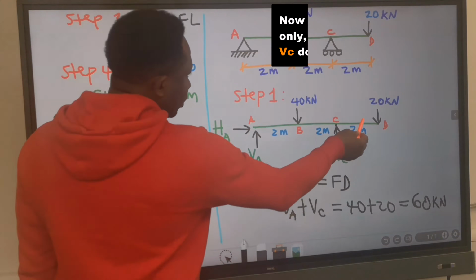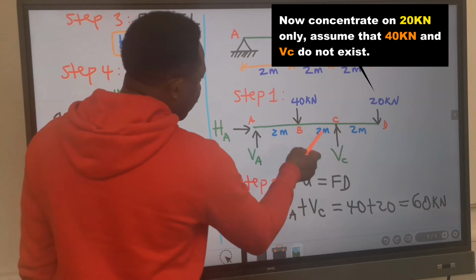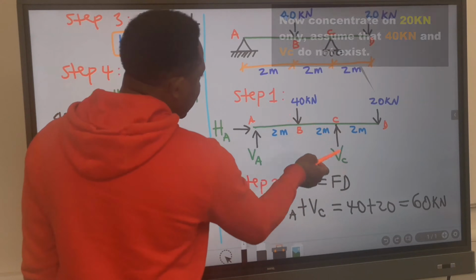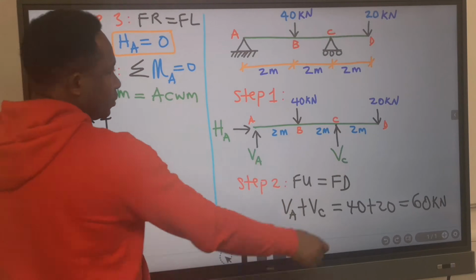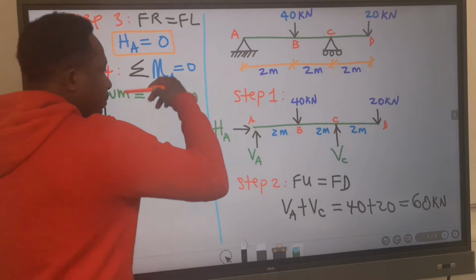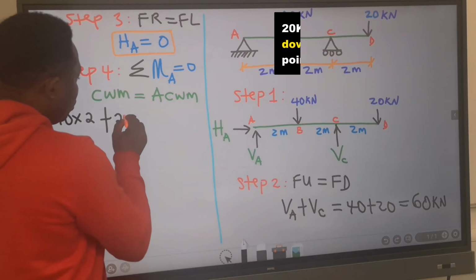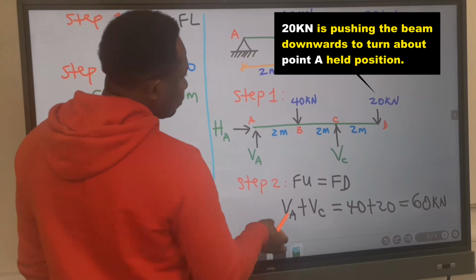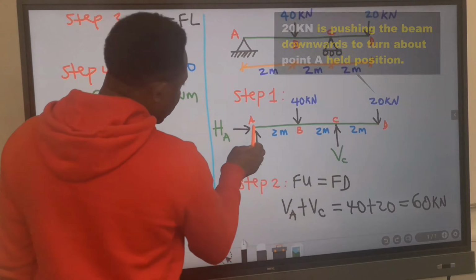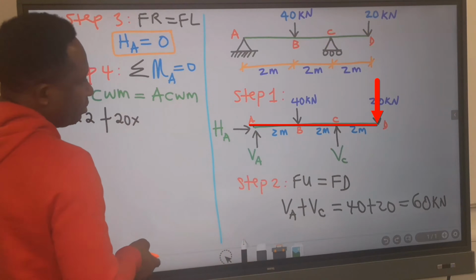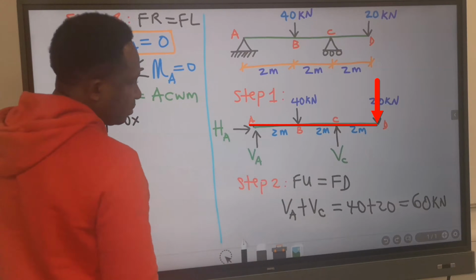Next, let's consider 20. I will now assume that these both do not exist. 20 will turn this beam in the clockwise direction. I will have 20 multiply the distance from 20 to the point where we are taking moment from is 6.